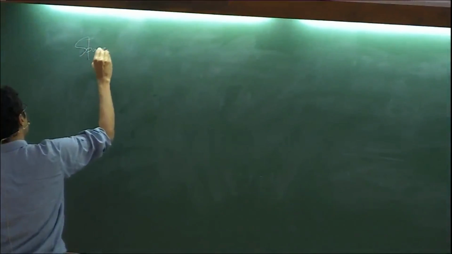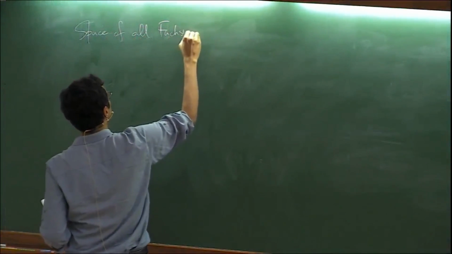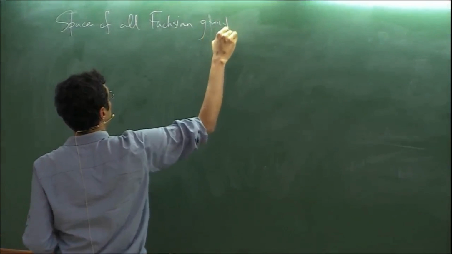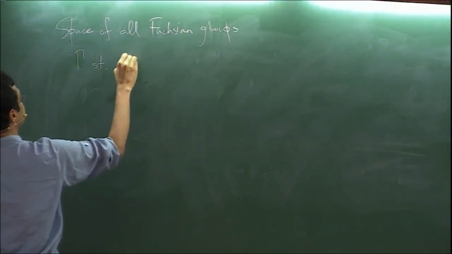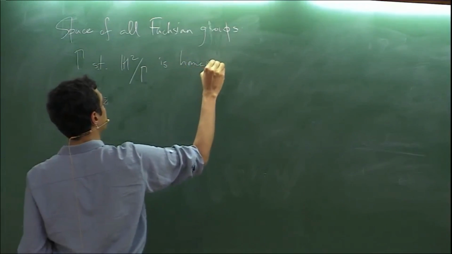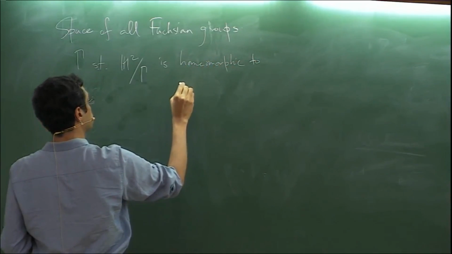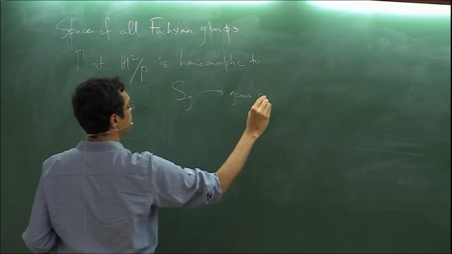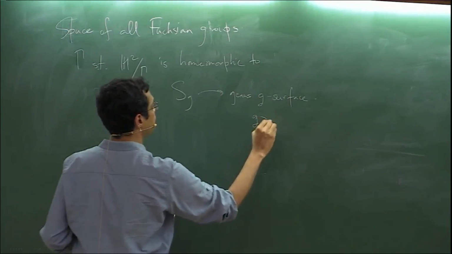So the space of all Fuchsian groups. This is the next topic. So there's a space of all Fuchsian groups, gamma, such that H2 mod gamma is a surface homeomorphic to SG, where SG is the genus G surface, where G is bigger than or equal to 2.